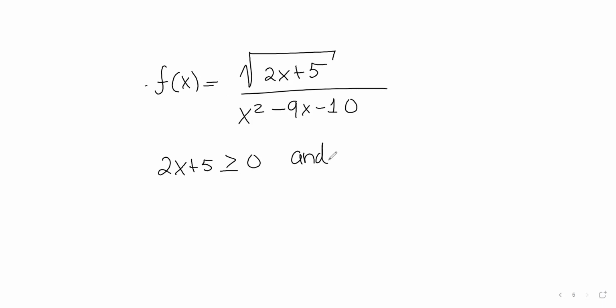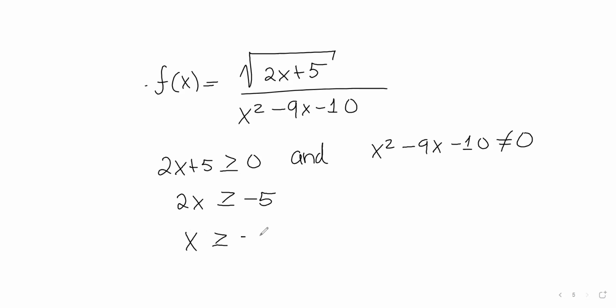And the denominator cannot equal 0. Now we solve both individually. Subtracting 5 to both sides. Dividing both sides by 2. We're left with negative 5 over 2.